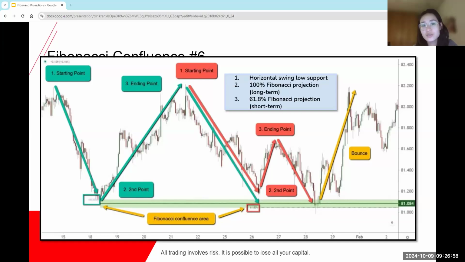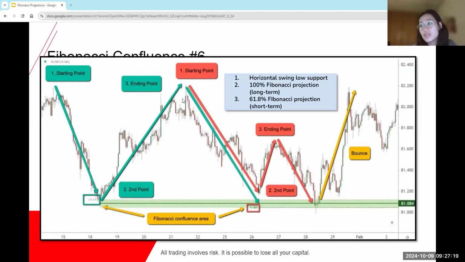If we break it down slowly, if we focus on the green area first, you have your starting point, second point, and ending point. That's our first Fibonacci projection. This 100% Fibonacci projection lines up with the swing low.